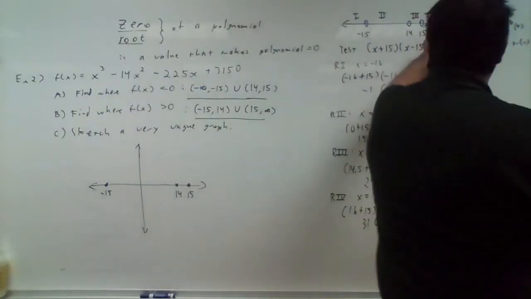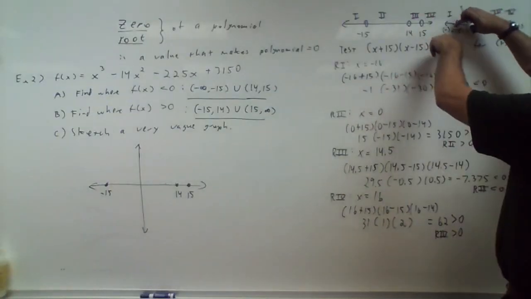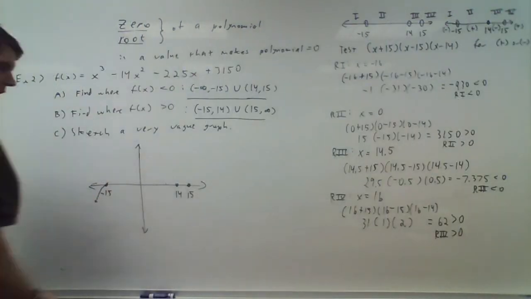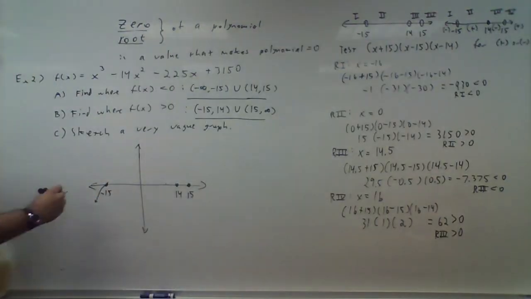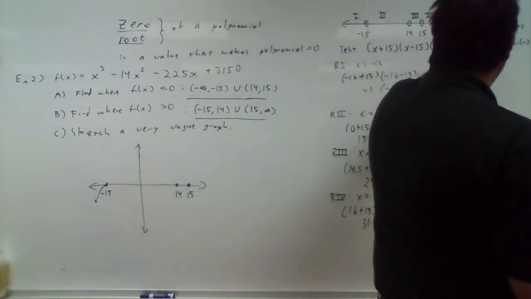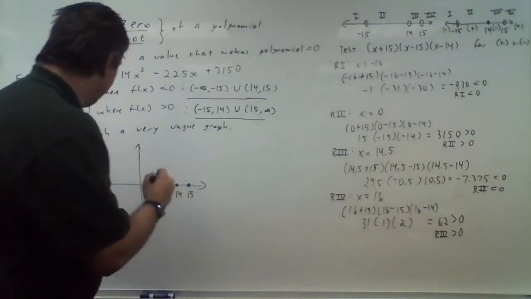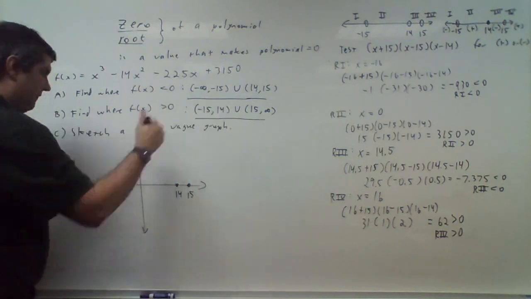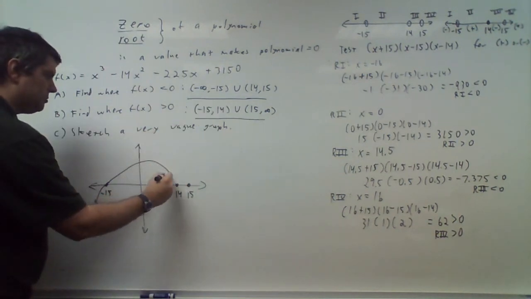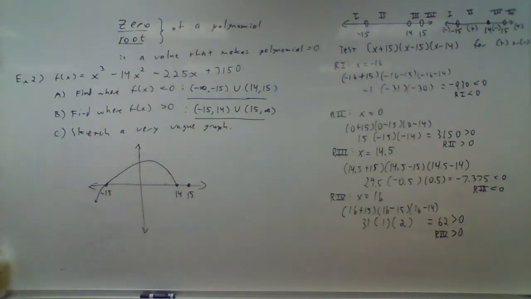it's negative before negative 15. So make sure that your graph is on the downside. Okay? It's positive between negative 15 and 14. So make sure your graph goes up. But it goes back down in time to hit the 14.